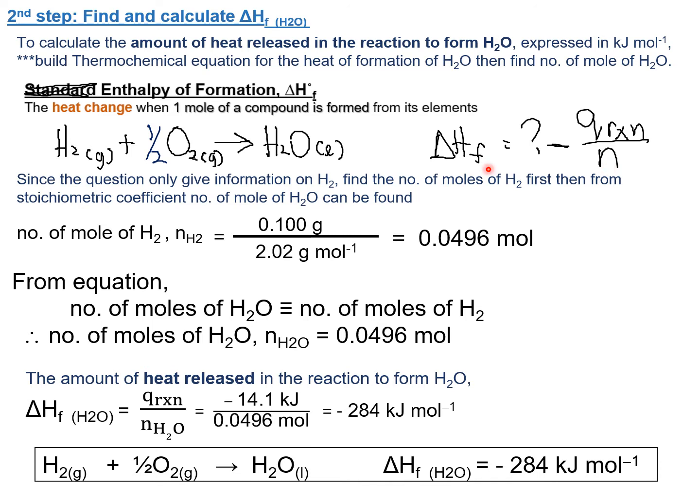Number of mole in this case, if you look at the punya definition, when 1 mole of a compound is formed, kiranya you will ambil number of mole apa ni? Number of mole of H2O. Okay? So this is actually the common formula bila soalan suruh kamu cari enthalpy yang melibatkan calorimeter.